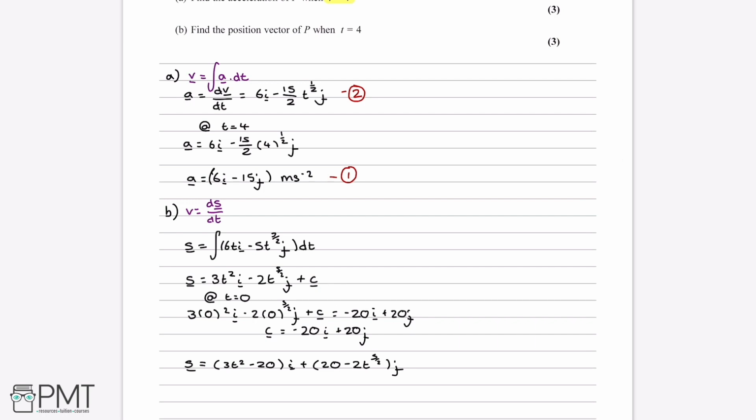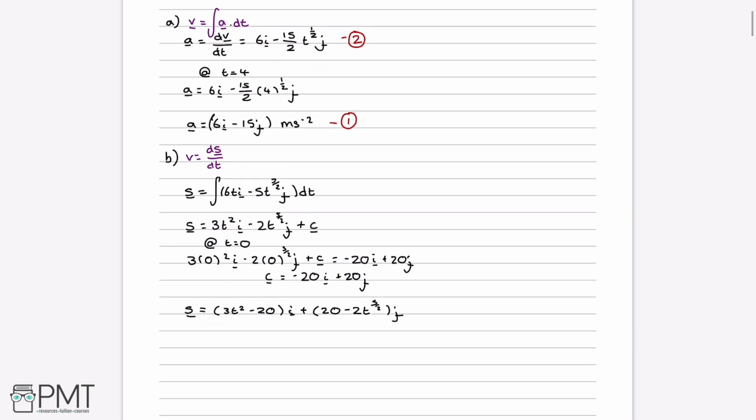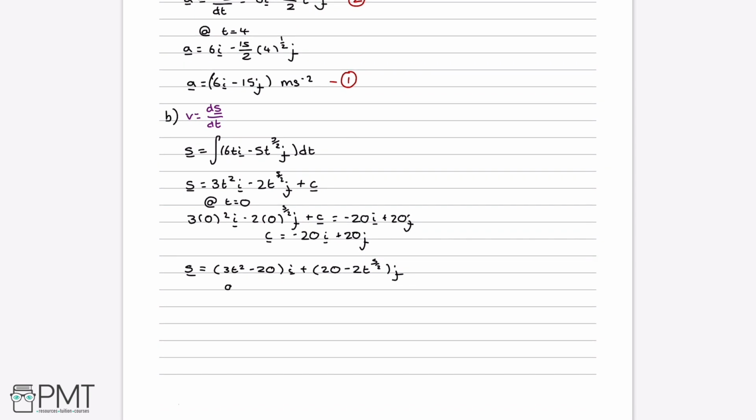Now again, we want to find the position vector at t equals 4. If we substitute t equals 4 into our expression, we get 3 multiplied by 4 squared minus 20 i plus 20 take away 2 multiplied by 4 to the power of 5 over 2 j.